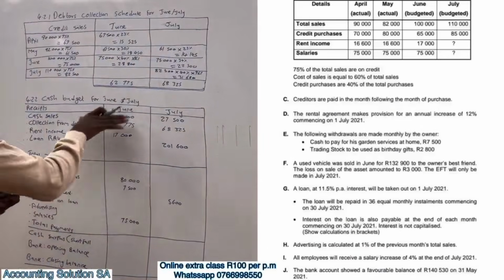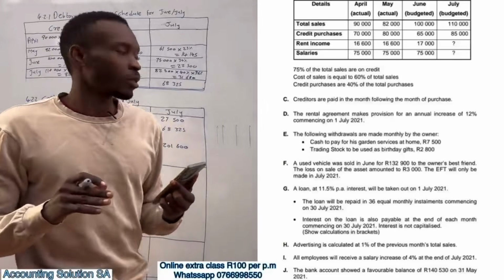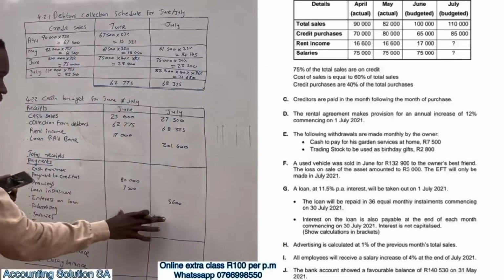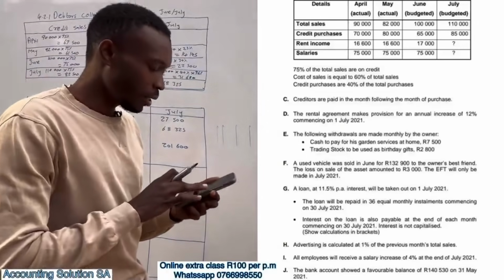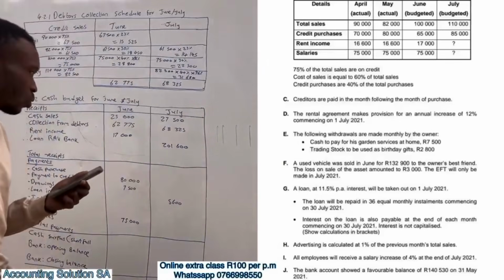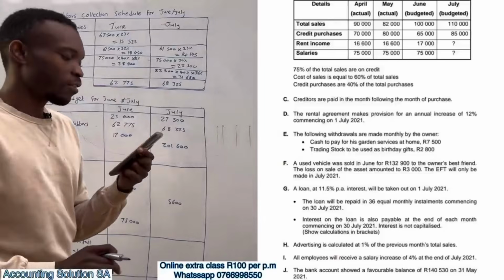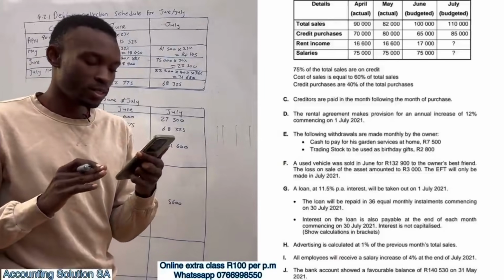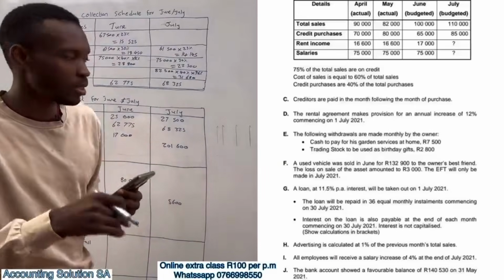Now the next one, we are preparing a cash budget. Some of the figures were given like this and this one, but I'm going to explain to you so that in case they are not given, this is what you need to do. Number one, we have cash sales. Remember they said 75% of total sales is on credit, which means that the rest, which is 25%, is cash.